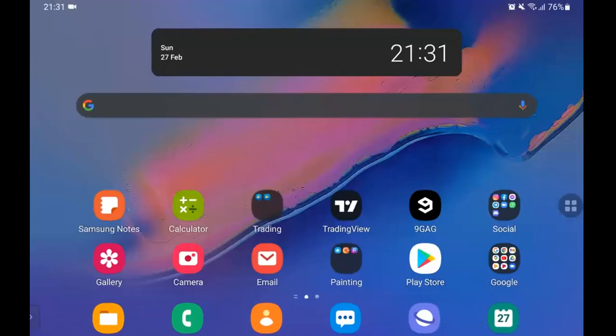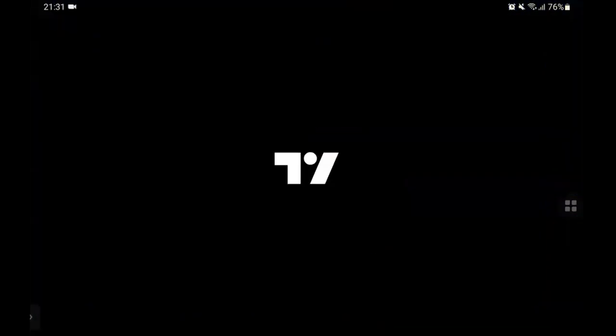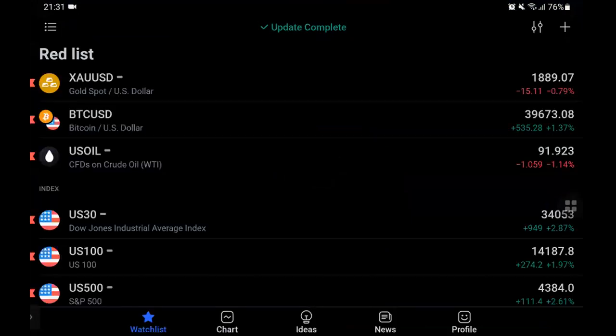So let's get to this trading view. So we're gonna use same example from yesterday. So let me see the MDA first, and then we get into the divergence trend.